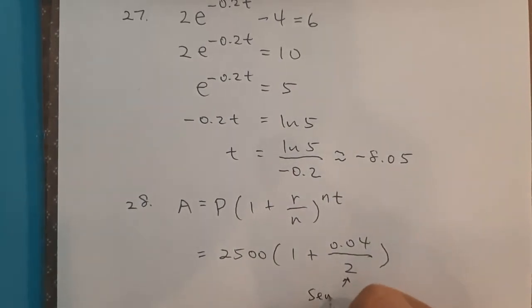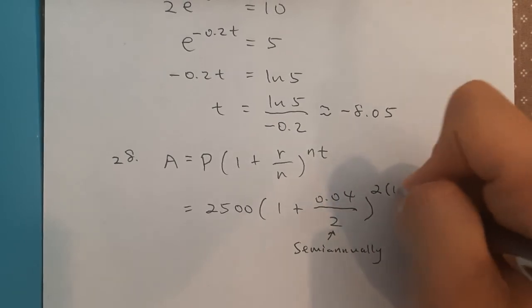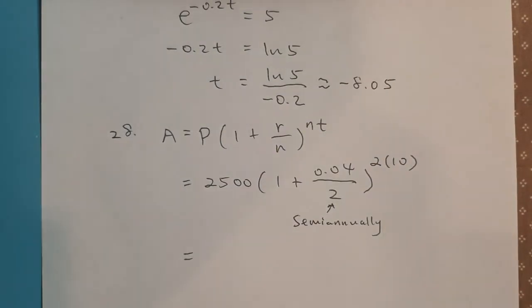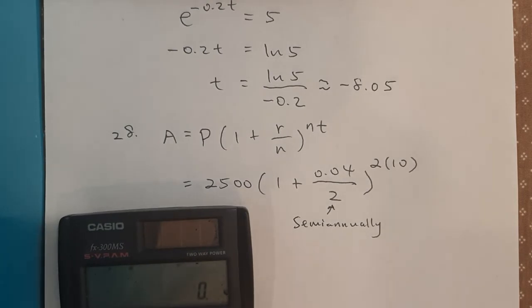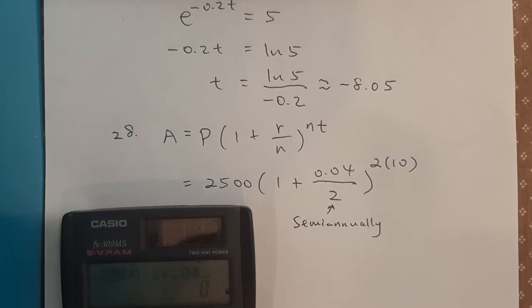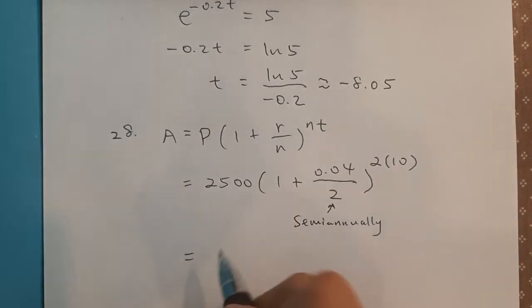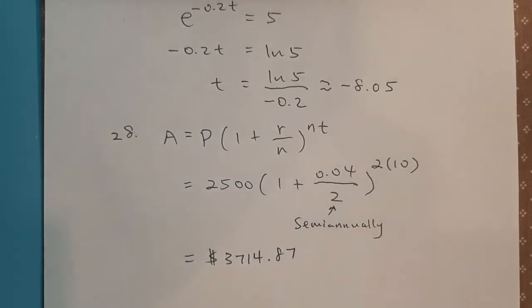Then we have 2 times 10 years. You can plug into your calculator and simplify it. Here we end up with 3,714.87.